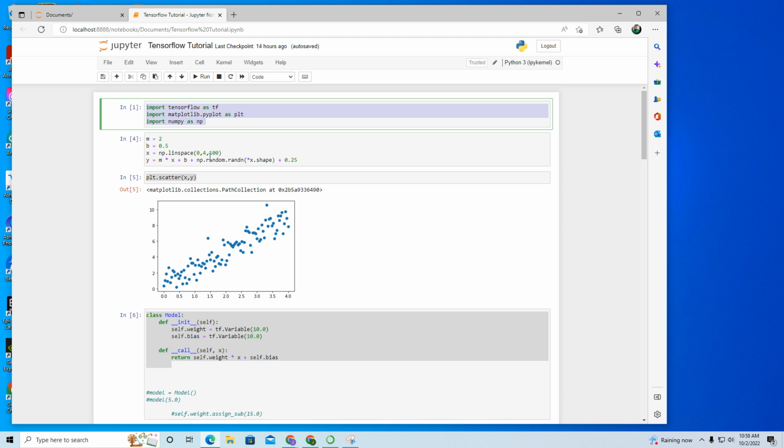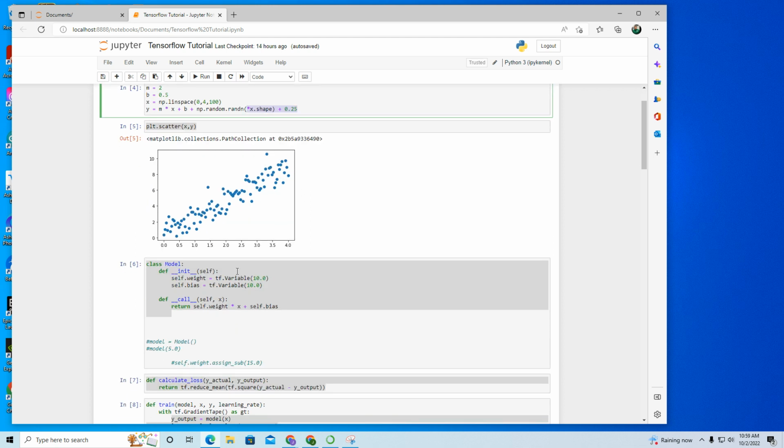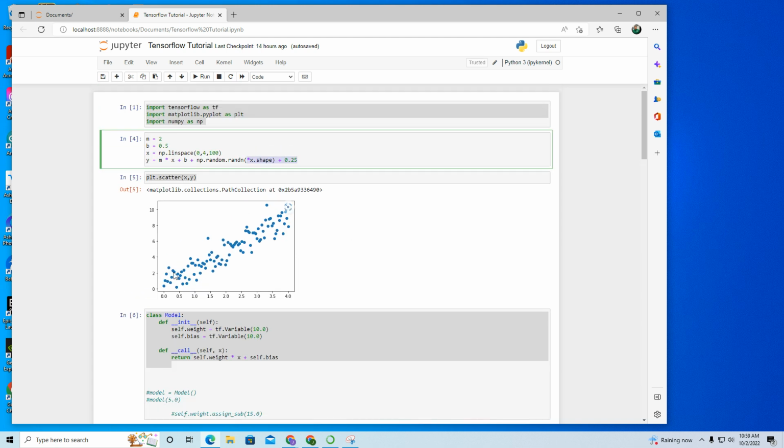Then we just did some random numbers from 0 to there, and then we added some noise on that axis, and then we made a scatter plot. So our machine learning model is going to run a bunch of epochs to try to get a line of best fit for this scatter plot.